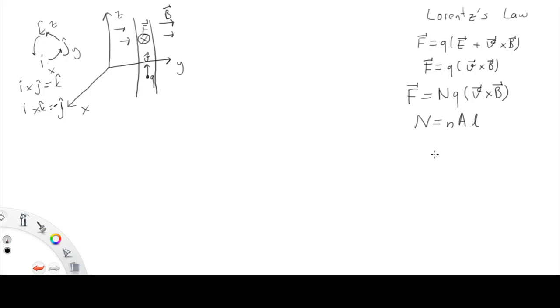If we consider the wire something like this, this will be the cross section and this will be the length. So our equation becomes like this.